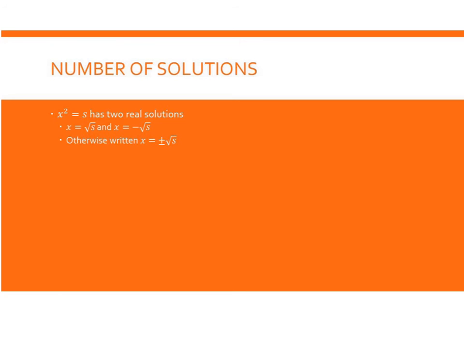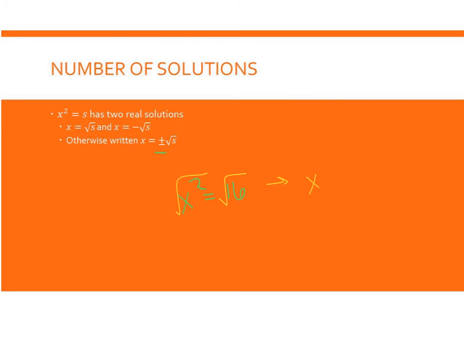Okay, so we're finally ready to solve an equation using a square root. So keeping in mind these are going to have two solutions because of the whole plus or minus thing we talked about at the very beginning. So an easy example would be like x squared equals 16. Okay, you're going to square root both sides because a square root is how you get rid of a squared.